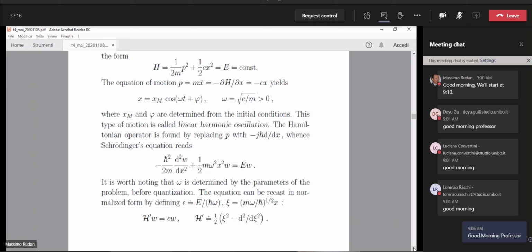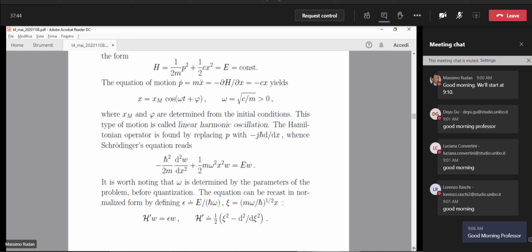Why is it useful to factorize the Hamiltonian? The reason is that if you factorize an operator that is of the second order, you eventually succeed in reducing the operator to the product of two first-order operators. And then you can deal with one of these operators at a time.